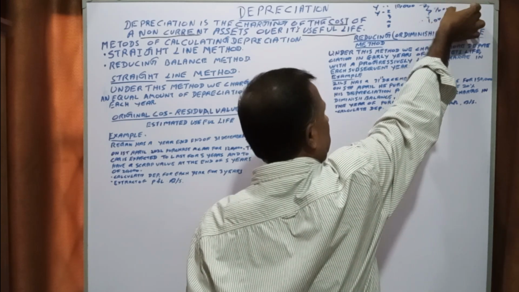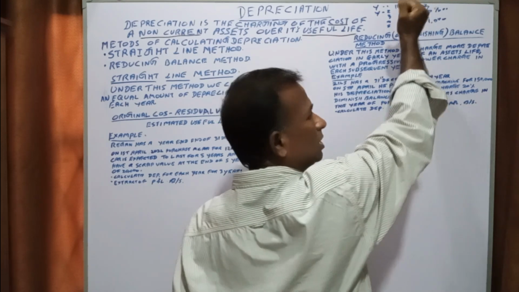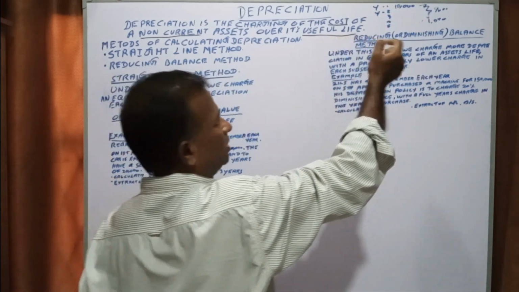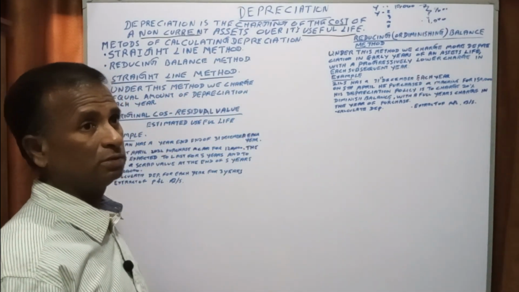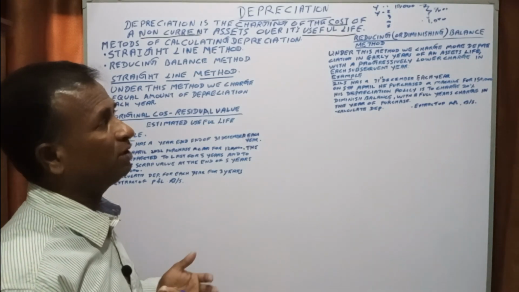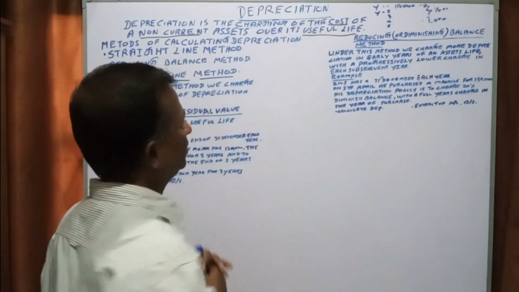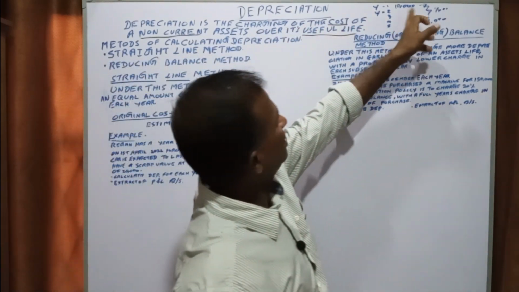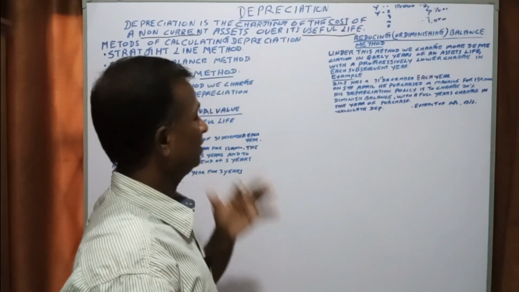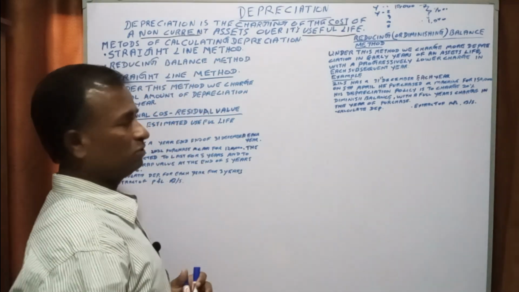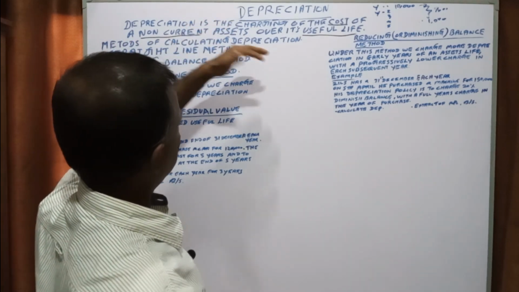This particular amount of 9,000 has to be charged to the profit and loss account on a reasonable method. That method is what we are going to study today: in which method we can charge this amount to the P&L. Understood?